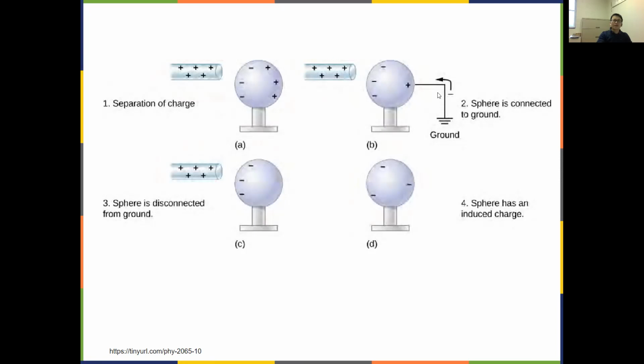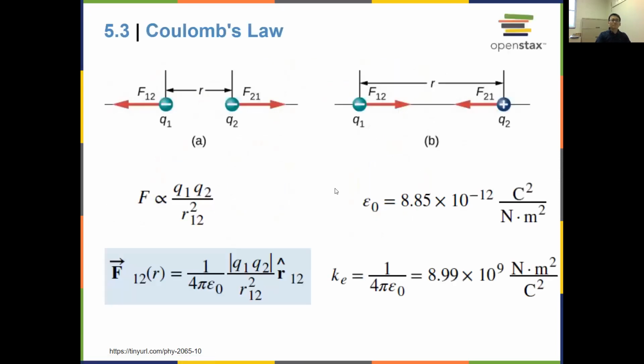After that, you cut off the ground. Then the sphere will be negatively charged. Now you can move the rod away, and the metal stays negatively charged. So by using two metals in contact initially, or one metal with a ground line, you can charge by induction.